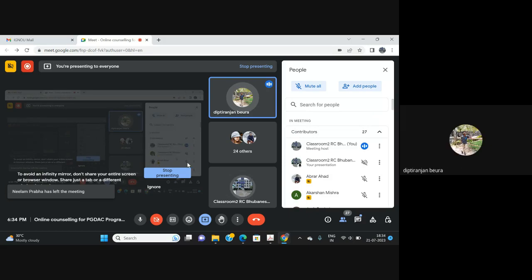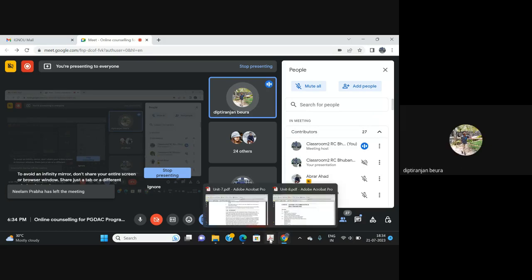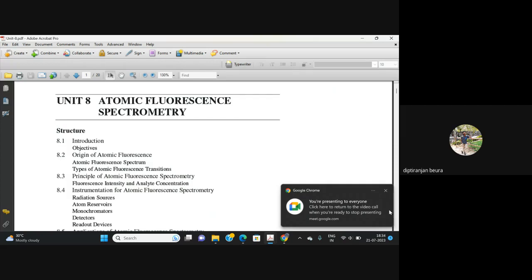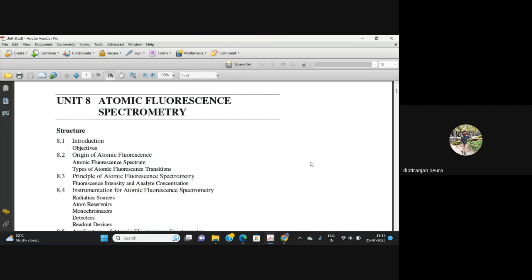So I hope it is clear to all of you. Mostly in the last three classes we have been reading about spectroscopy. We are discussing ground state and excited state, which quite often during graduation you have not heard about.